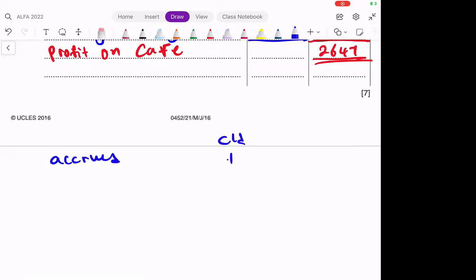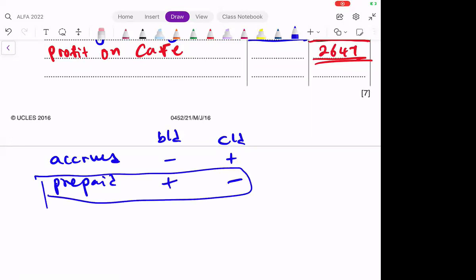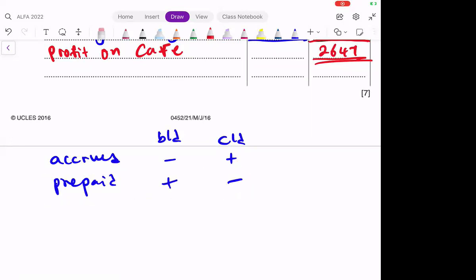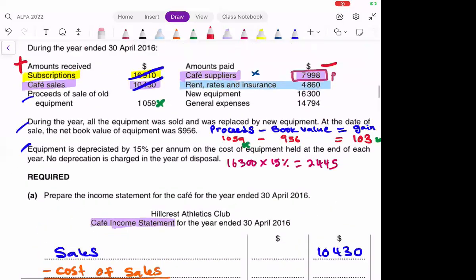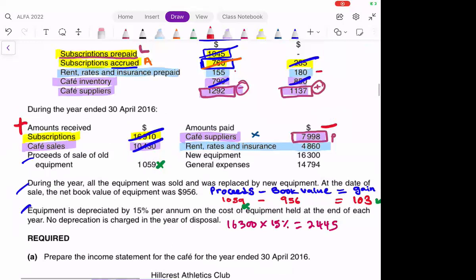Accrued: CD plus, BD minus. Prepaid: CD minus, BD plus. So now the question gives me prepaid here. CD minus, BD plus.